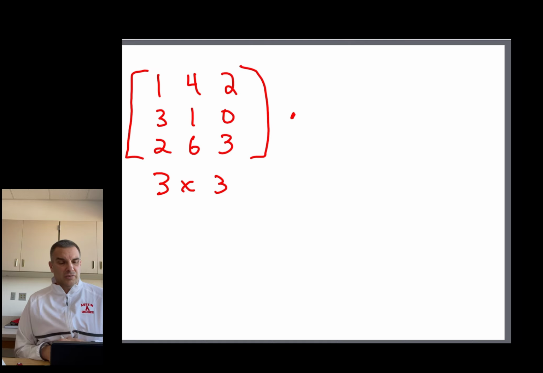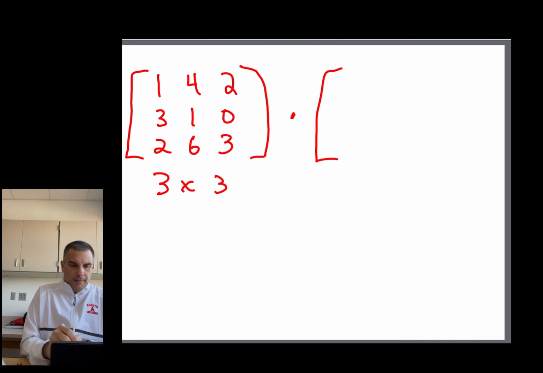I could go like a 3 by 2. So let's go 3 by 2. So 3 rows, so 0, 1, negative 2. I just need 2 columns. Let's go with 3, negative 1, 4.